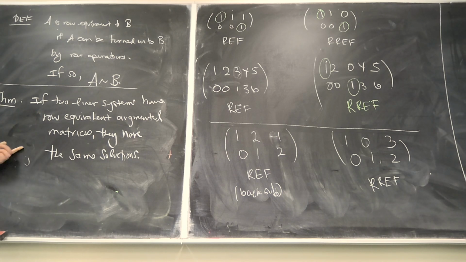Okay? You shouldn't believe this necessarily. You might intuit like, yeah, if I change the order of two equations, the answers aren't going to change. And if I multiply one by a scalar, the answers aren't going to change. But this linear combination thing seems like it's doing more, right? If I add two equations together by multiplying one by the other, that seems like it could change the answers.